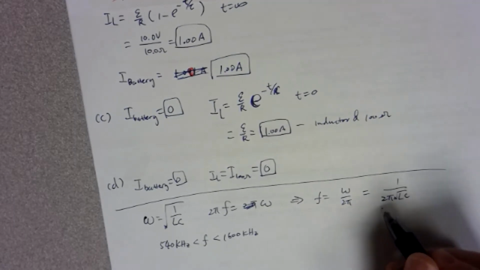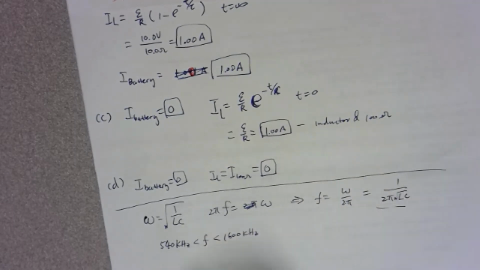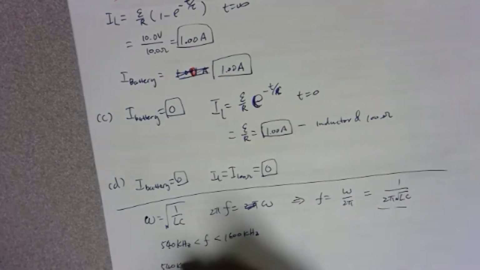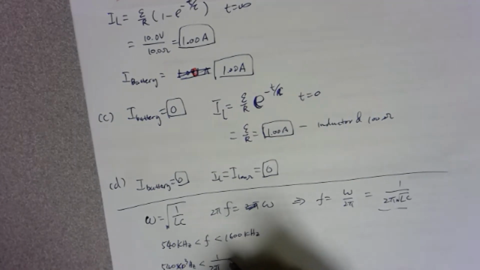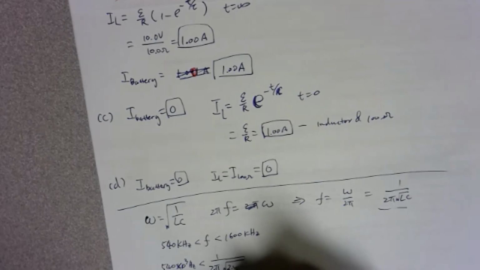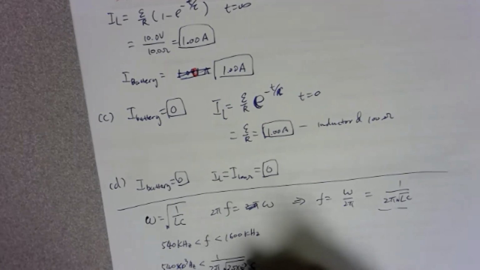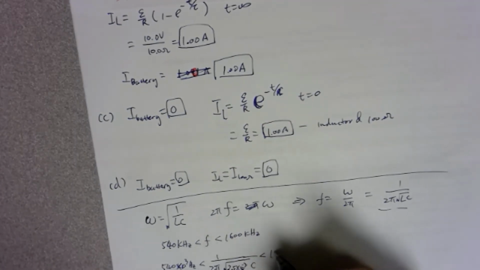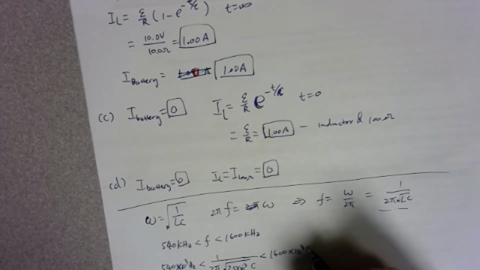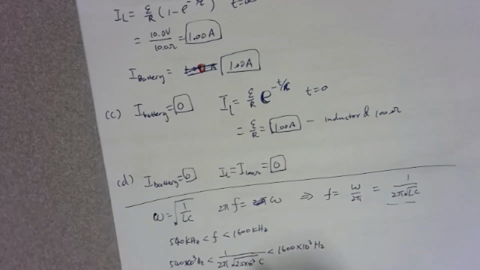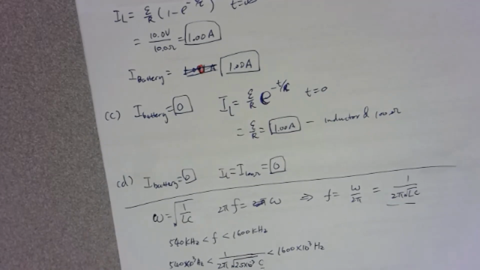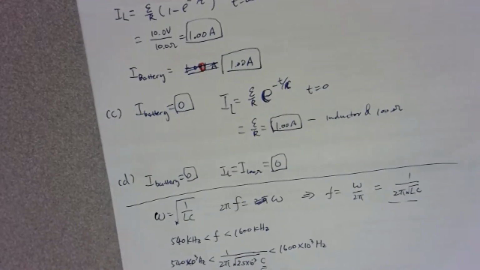Okay. So substitute this in here. 540 kilohertz, or 540 times 10 to the third hertz, is less than 1 over 2 pi times the square root of L times C. L is given, 2.5 times 10 to the minus 3, and the upper bound is 1,600 times 10 to the third hertz. So then solve for the range of C.